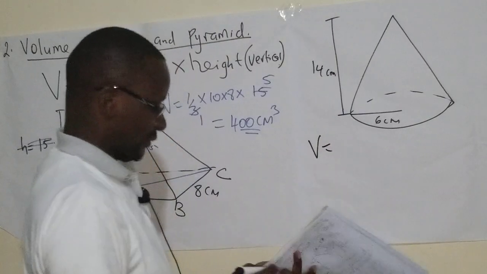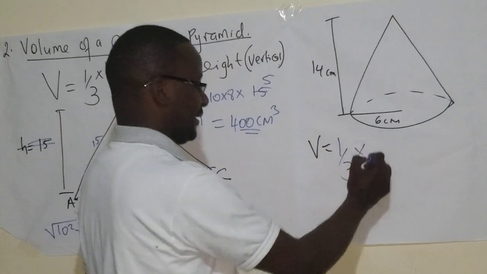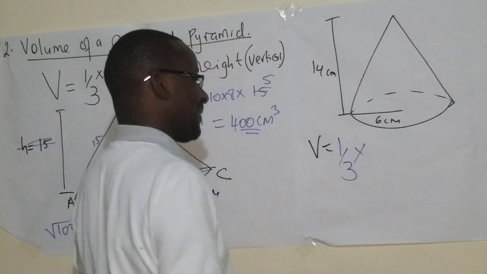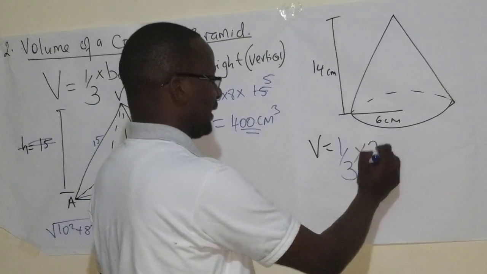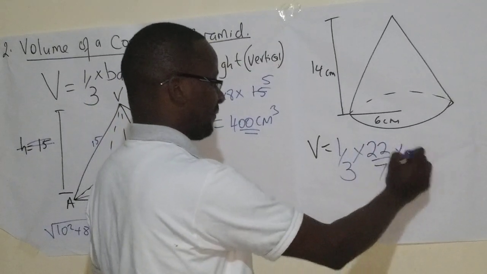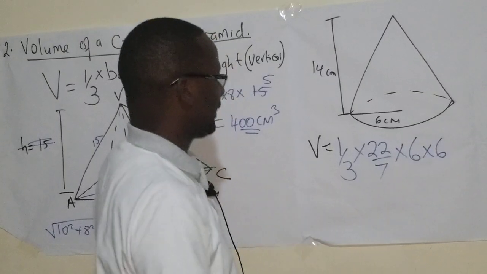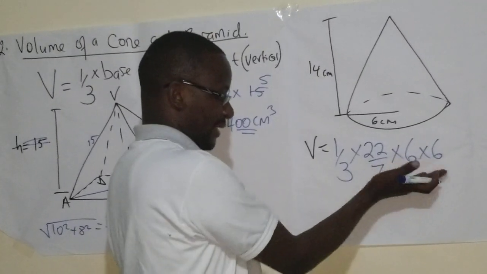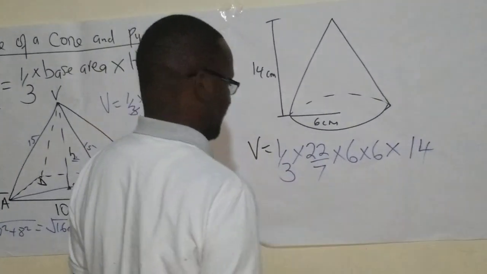Volume in this case will still be given by a third times base area. The base here is a circle, so you'll use pi. Let us use pi 22/7 multiplied by the radius squared. This is the area of the base multiplied by the height now, which is 14.